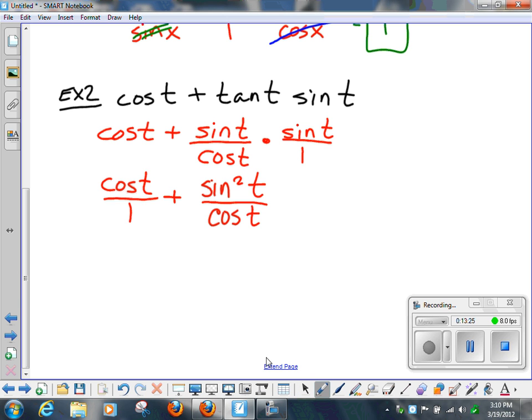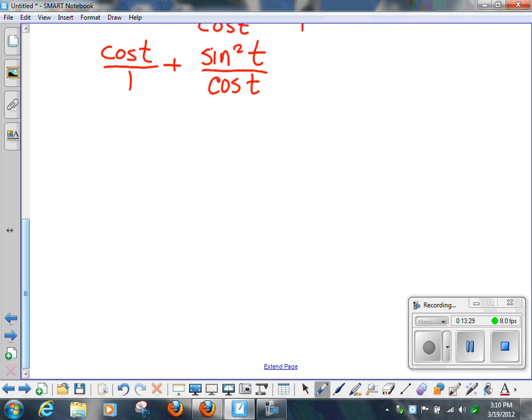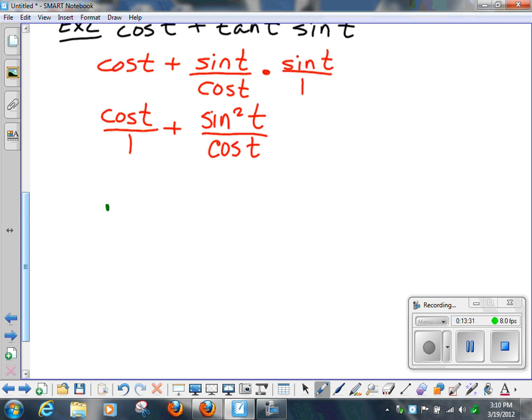Now this is where we have to go back to our Algebra 2 fun stuff. I know that I have to have cosine as my denominator. Cosine is already my denominator in the second rational expression, so I'm not going to change the way it looks at all. I'm just going to rewrite sine squared t over cosine t.